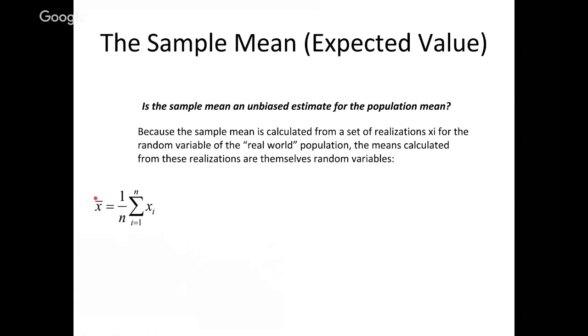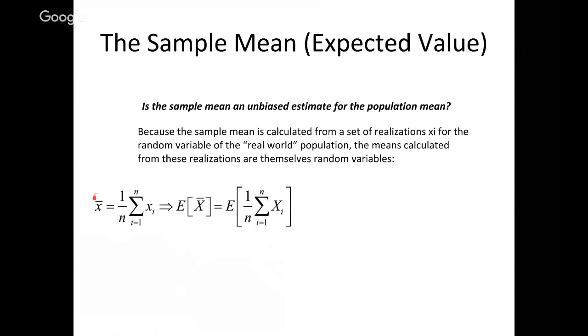That is, it isn't a single value. Any particular sample mean is a realization of a random variable which has some sort of distribution. So the first realization is that this sample mean is actually a random variable because it's calculated from random variables.